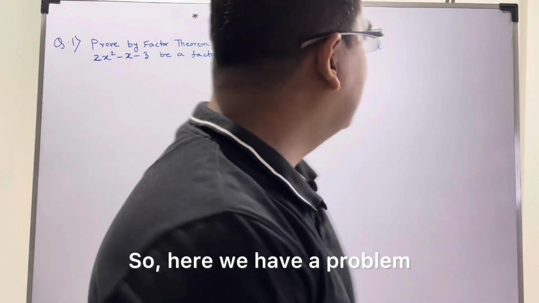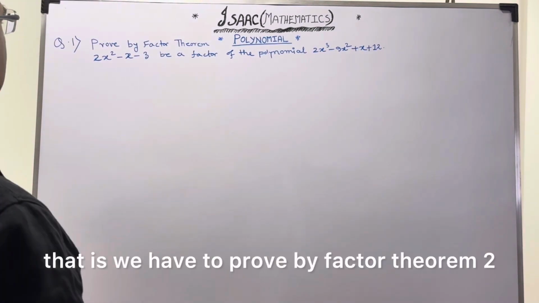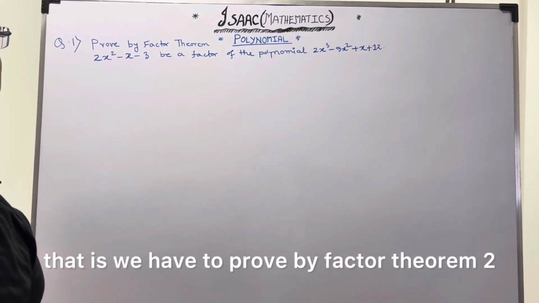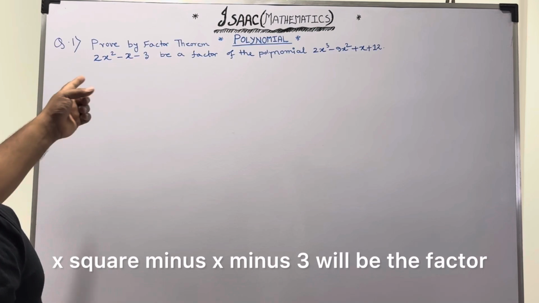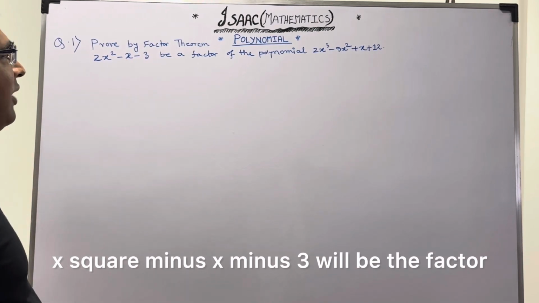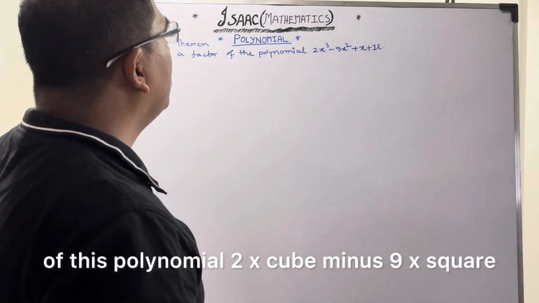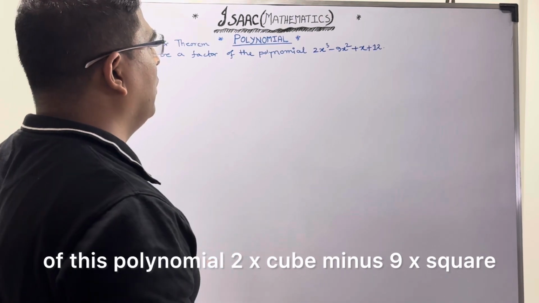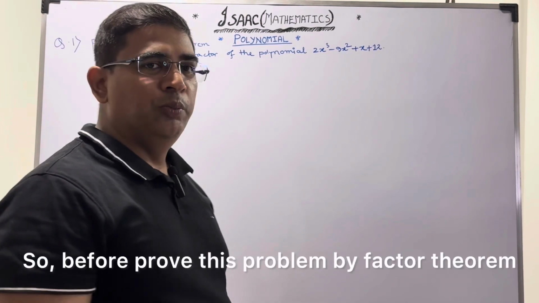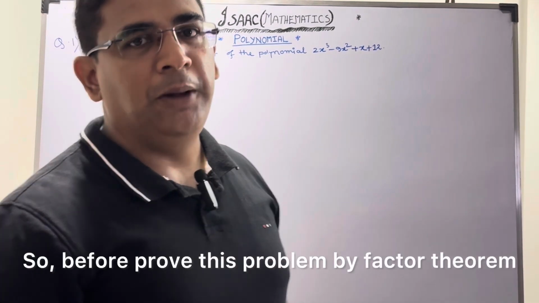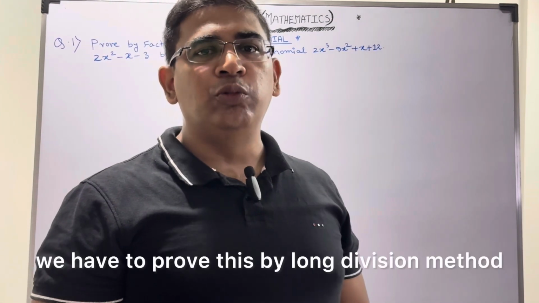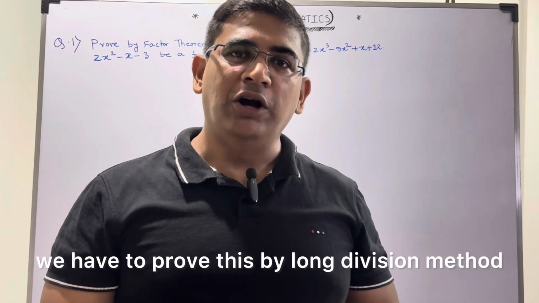Here we have a problem: we have to prove by factor theorem that 2x square minus x minus 3 is a factor of the polynomial 2x cube minus 9x square plus x plus 12. Before proving this by factor theorem, we will prove it by the long division method.